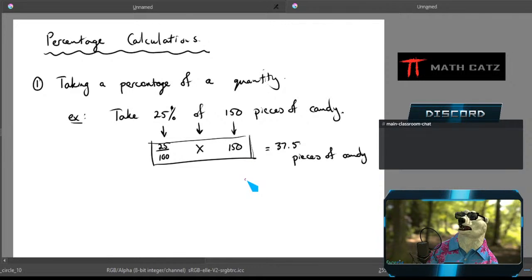Some people are taught to say 25 times 150 and then press the percentage button. The problem is you don't really know what that button does. In some cases, the calculator makes it fairly obvious that it's doing the division by 100. In some cases, it really depends on when you press that button, and it feels like a very mysterious button to me. And if I don't know what it's doing exactly from one calculator to the next, it's better to just type in the calculation.